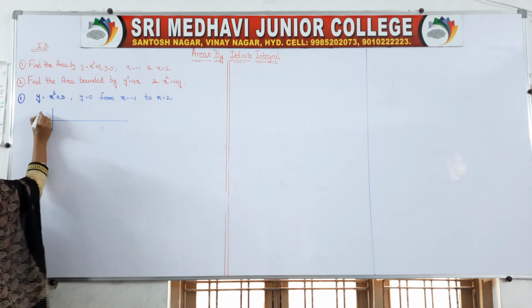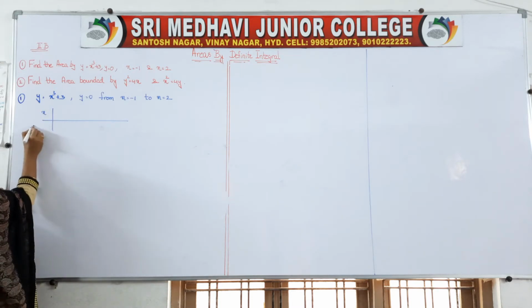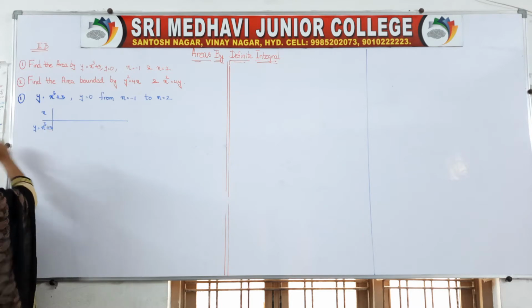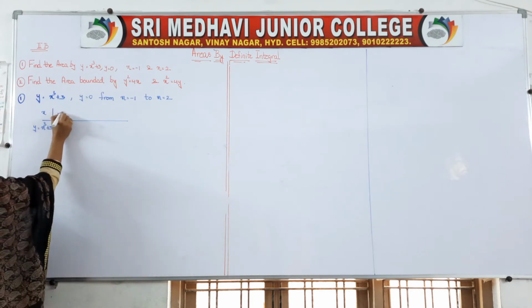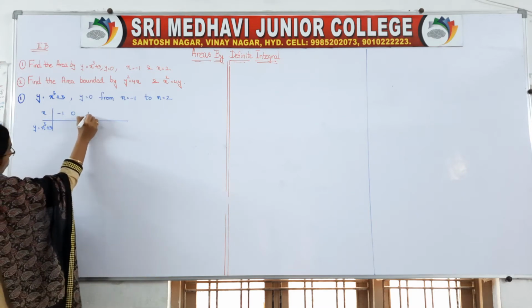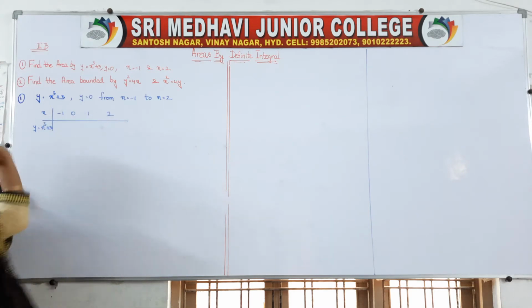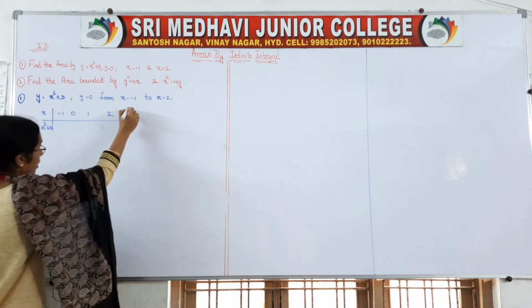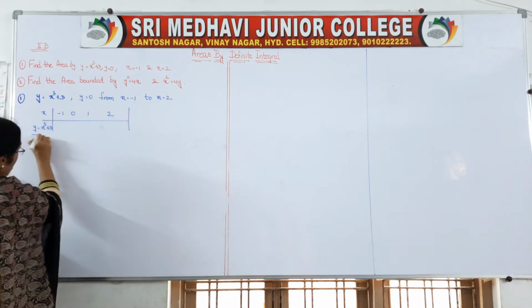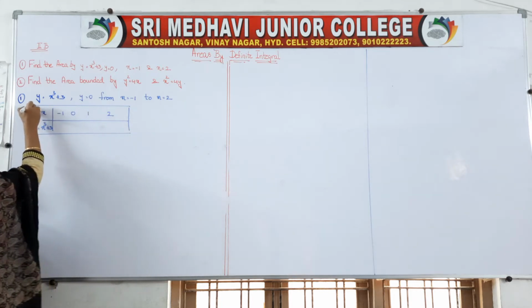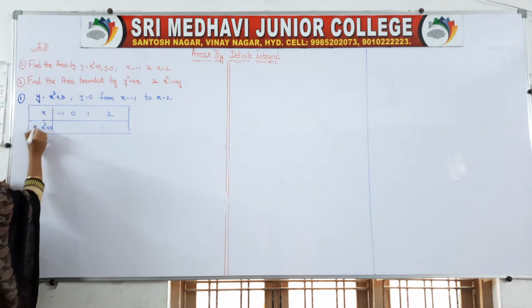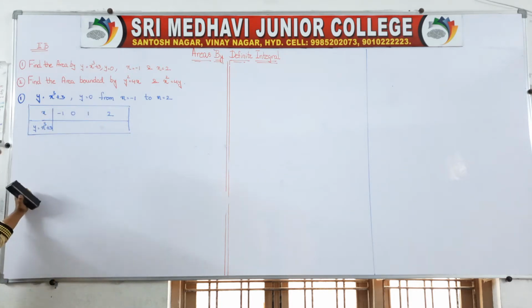So what are the values? x, and the curve is given as y is equal to x cube plus 3. So it is minus 1, 0, 1, 2. These are the values. Now we will take this table like this. First, x is equal to minus 1.